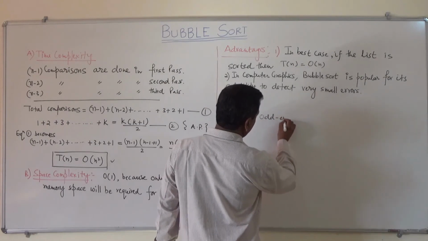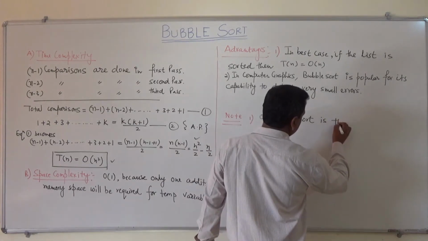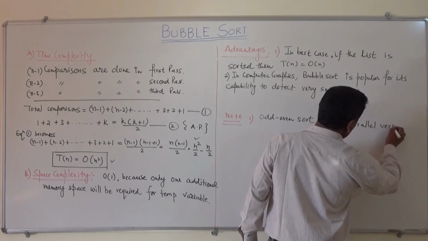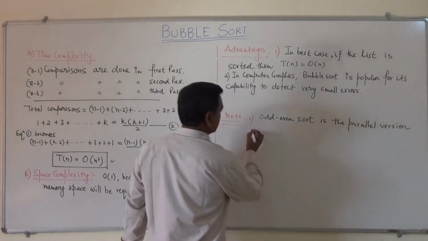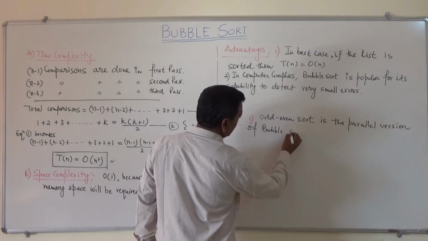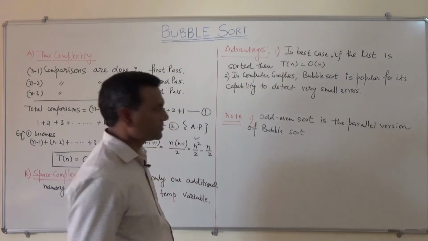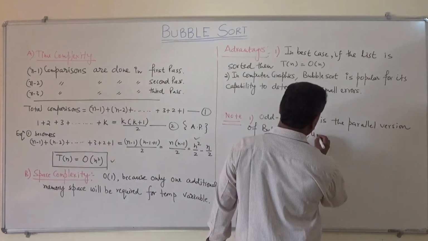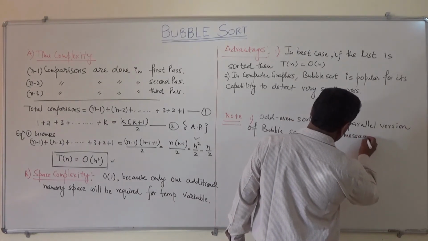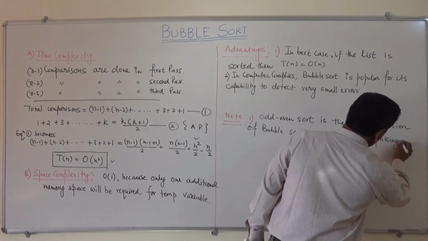Odd even sort is the parallel version of bubble sort, which is used for message passing systems.